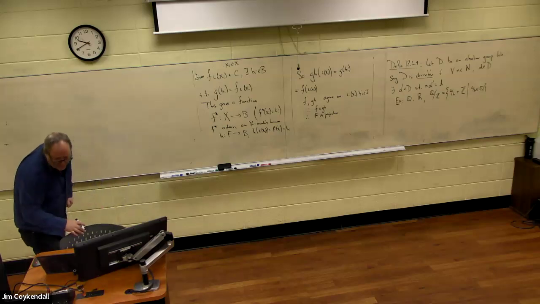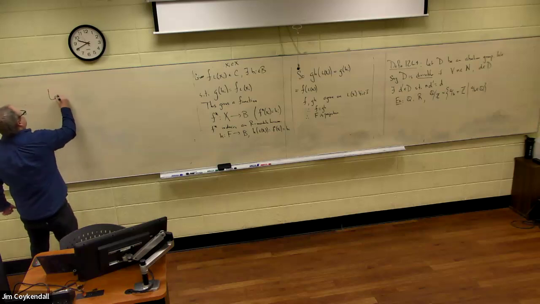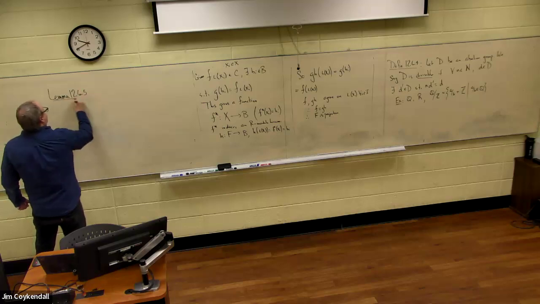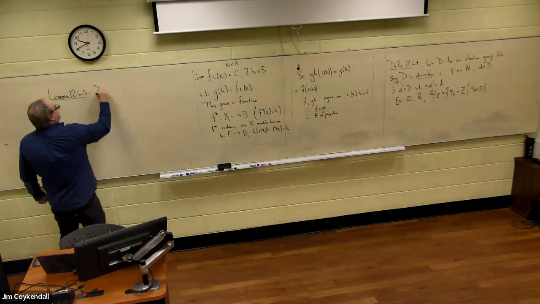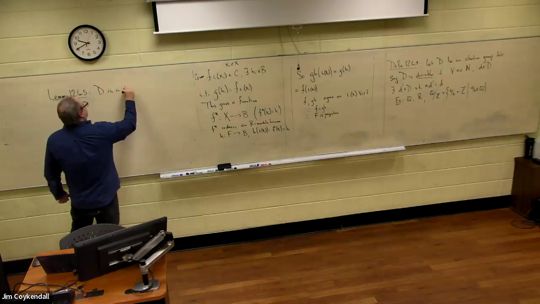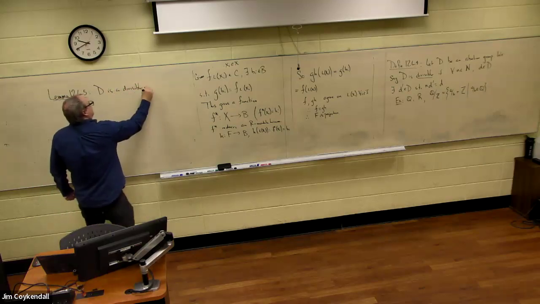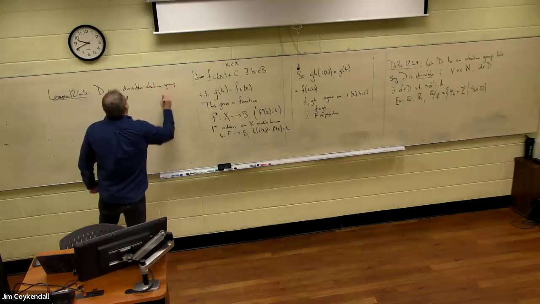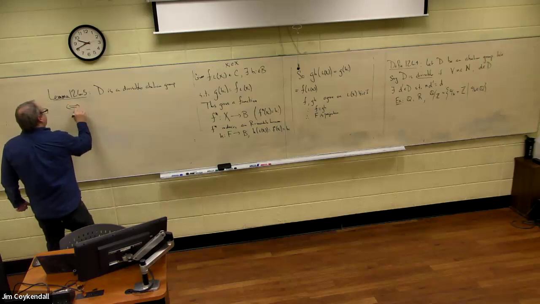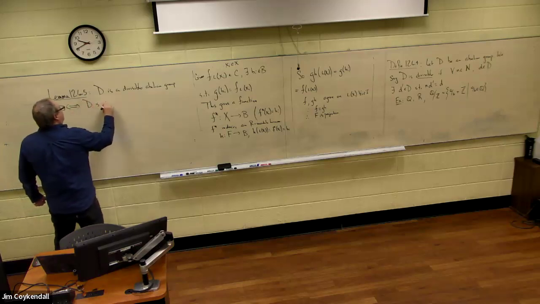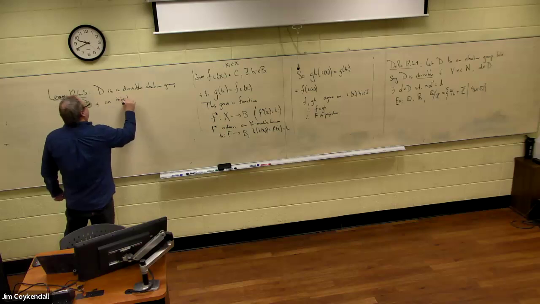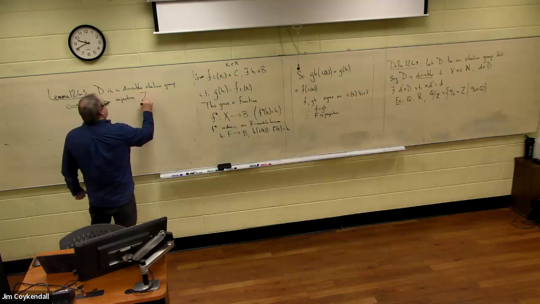Lemma 12.6.5. D is a divisible abelian group if and only if D is a divisible, injective Z module.